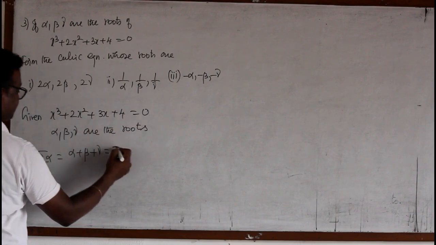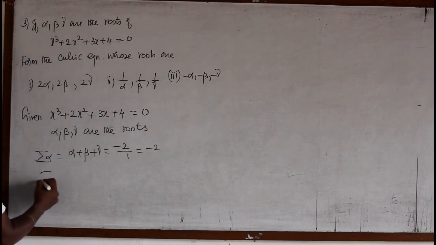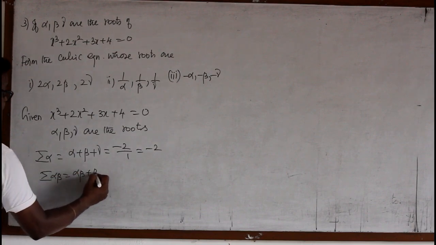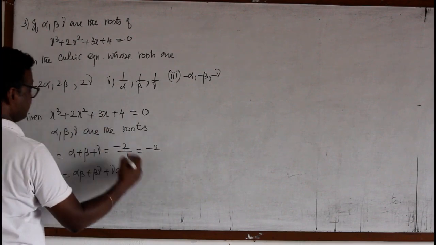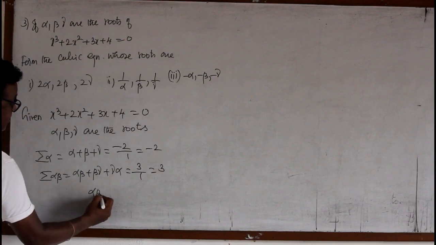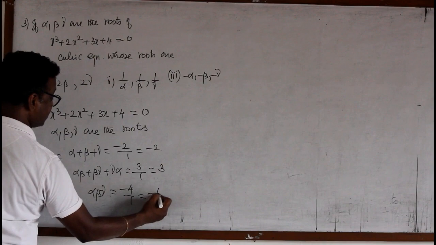It is minus b by a, which is minus 2. Then the product of two elements, alpha beta, beta gamma, gamma alpha, is c by a, 3 by 1, it is 3. Then alpha beta gamma is minus d by a, minus 4 by 1, which is minus 4.